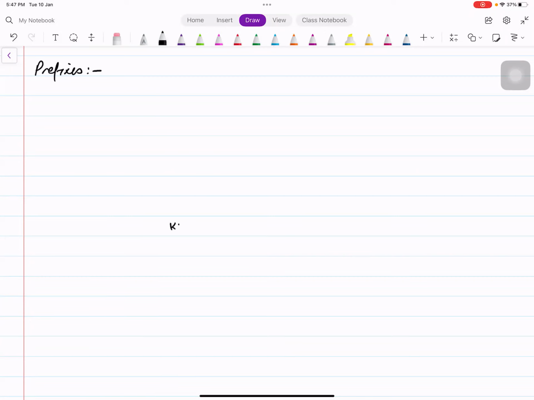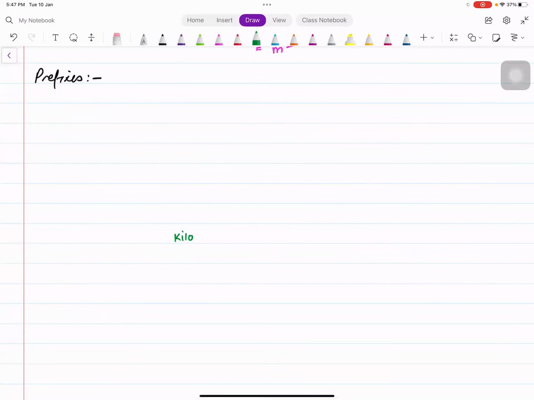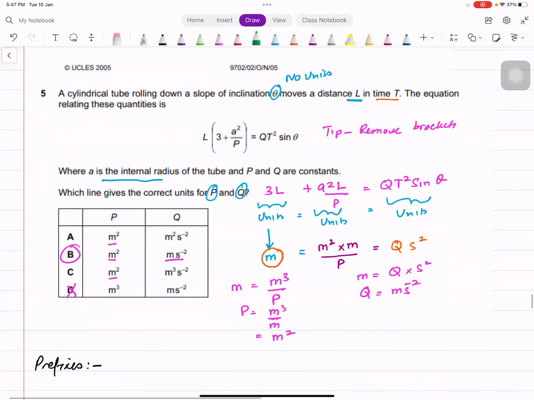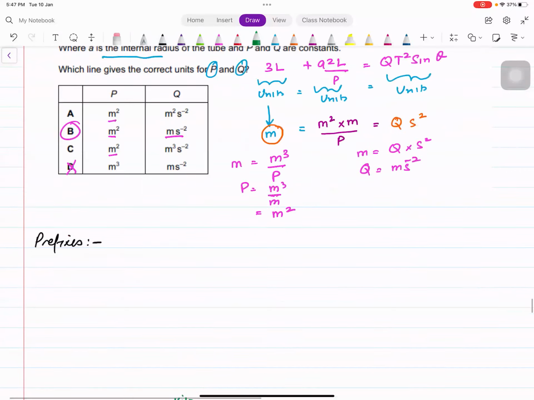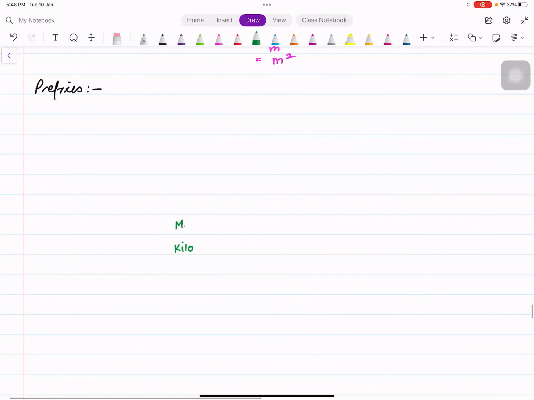So we have kilo, and then mega, and then giga, and then tera. So these are the prefixes we're going to talk about. Then we're going to look at their symbols. And then we're going to look at their power.